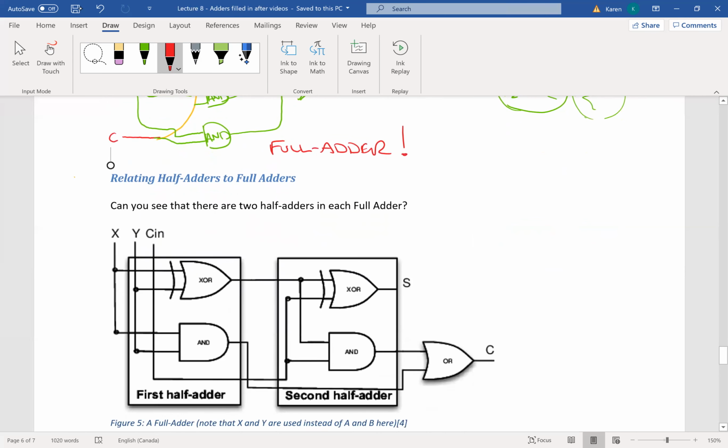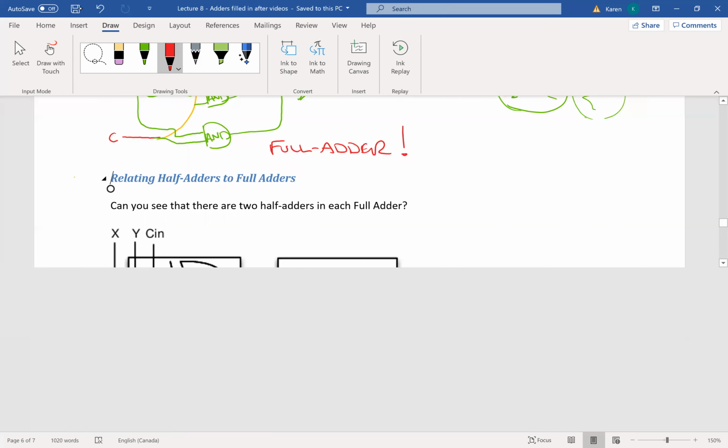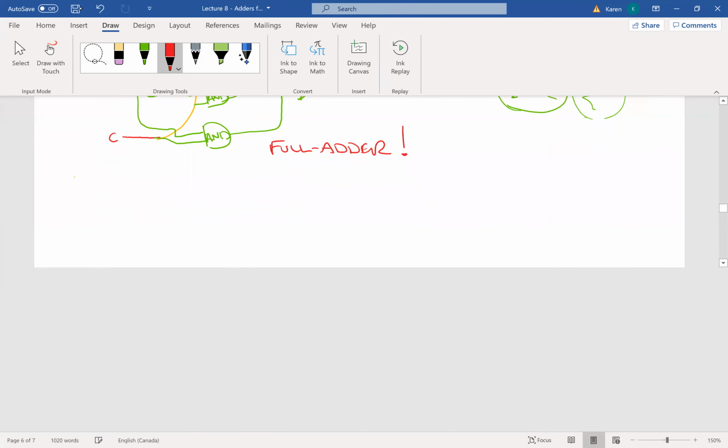Now let's draw the other way of doing it.